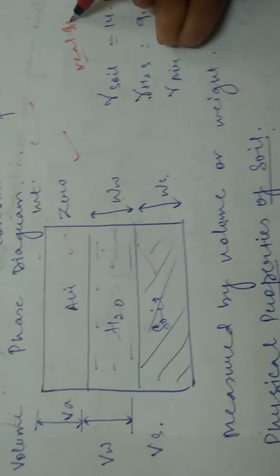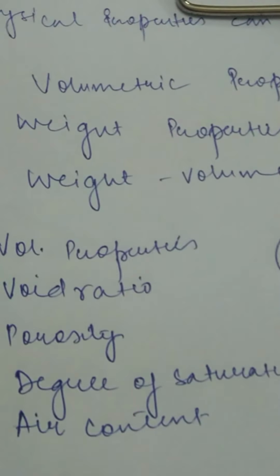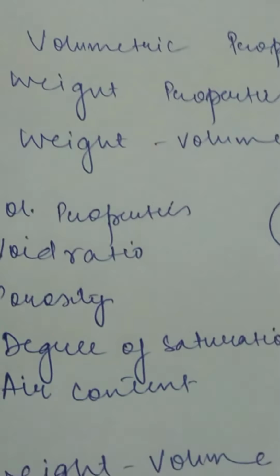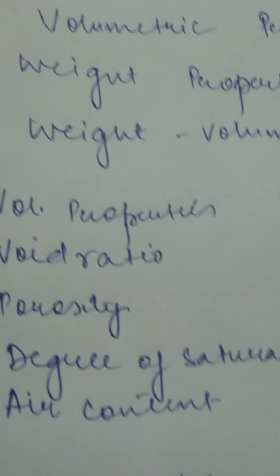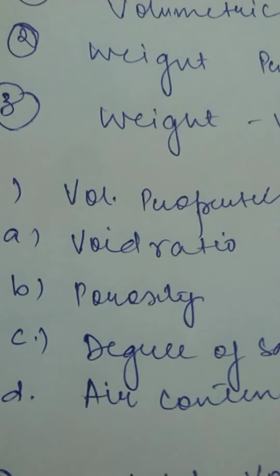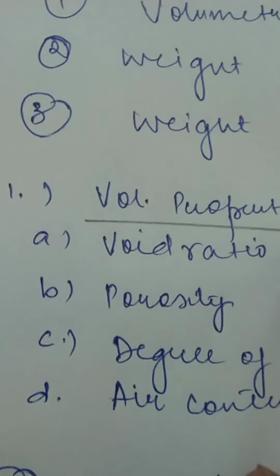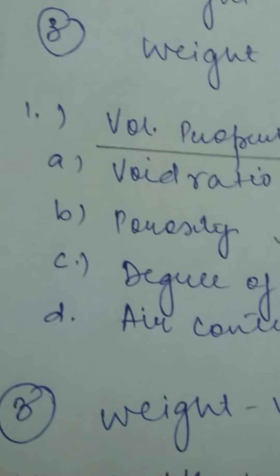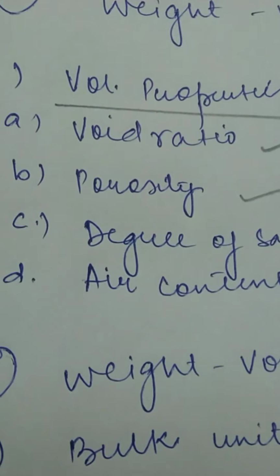Now the physical properties of the soil can be measured in three major types. First of all, the volumetric properties, then the weight properties, then the weight-volume properties. In the volume properties, the first that we discuss is the void ratio, then the porosity, then the degree of saturation and the air content.